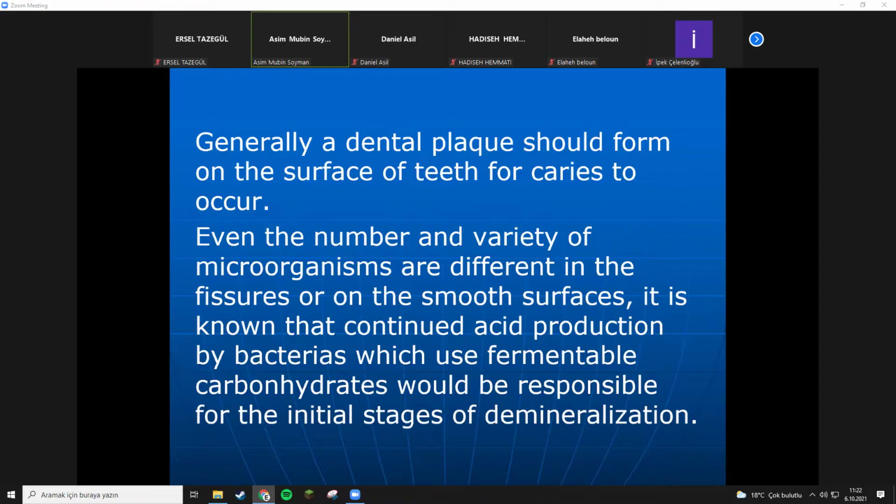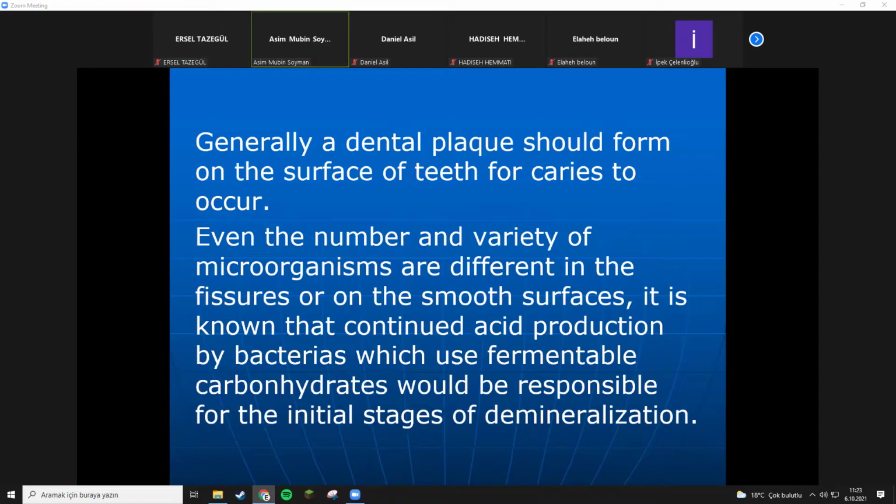First of all, in the mouth there must be bacteria, and in the mouth there are always bacteria. And the patient should use sugars or fermentable carbohydrates. By using these fermentable carbohydrates, the bacteria produce acids. And this acid is responsible for the demineralization. But at the same time, the third factor is the host resistance.